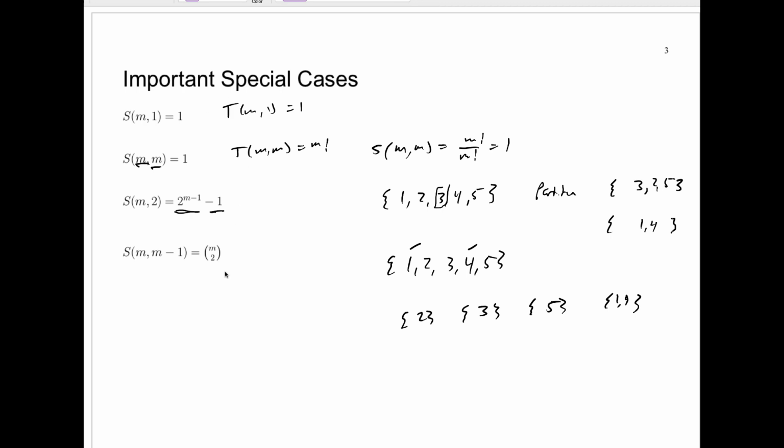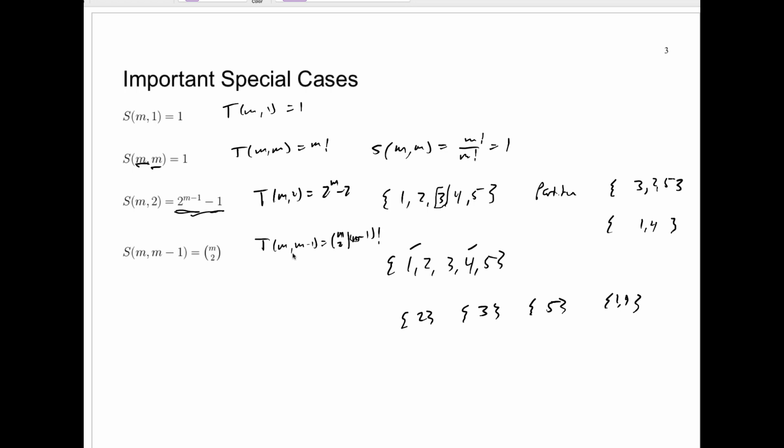Also remember, in both of these cases, we already showed the T numbers. T(M,2) is 2 to the M minus 2. S(M,2) should just be this divided by 2 factorial, which is 2, and that gives us this formula. Very quickly, we also showed that T(M,M-1) is M choose 2 times M minus 1 factorial.